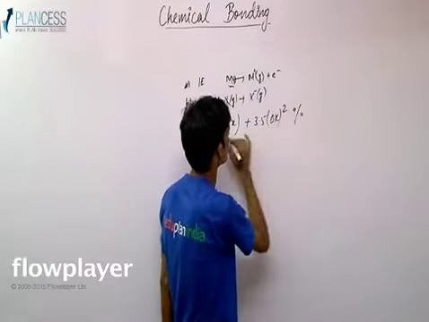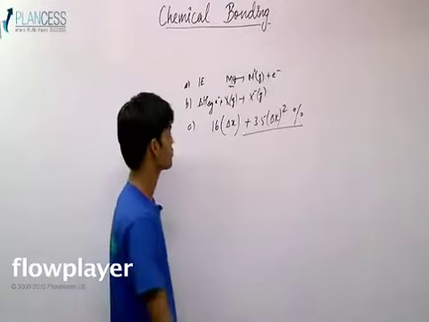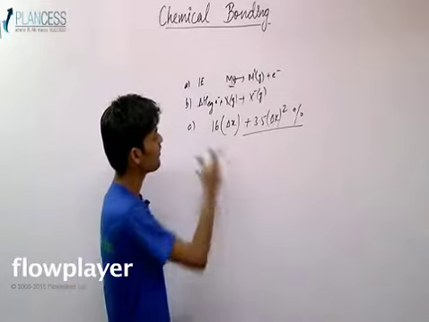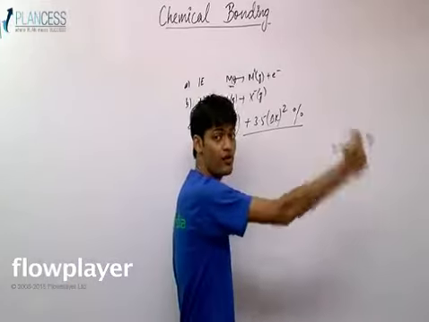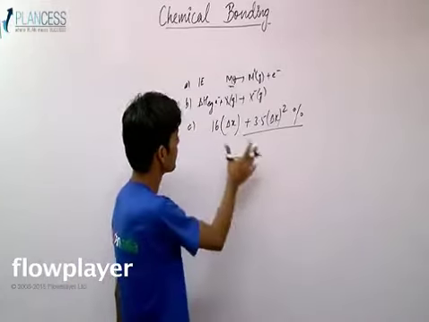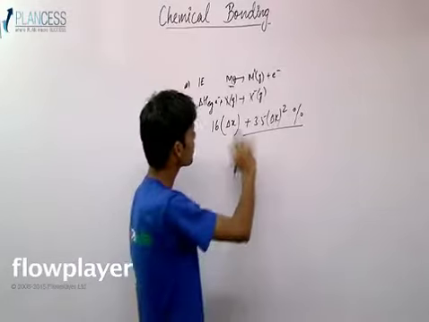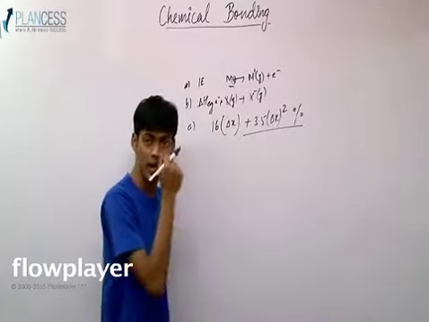This percentage of ionic character is determined in any covalent compound. So if delta X is higher, definitely it would lead to more ionic character. So the greater the difference in electronegativity, the more the ionic character.